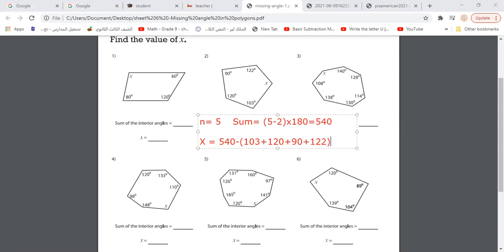So the answer will be equal 105. Okay, then to solve any missing angle in any polygon, we first determine the number of sides, then calculate the sum, and then calculate the missing angle.